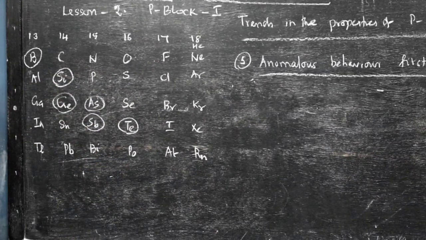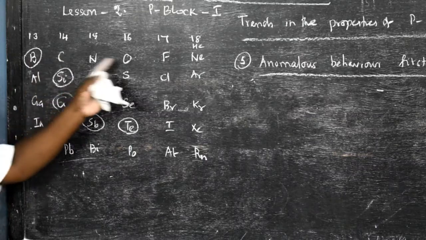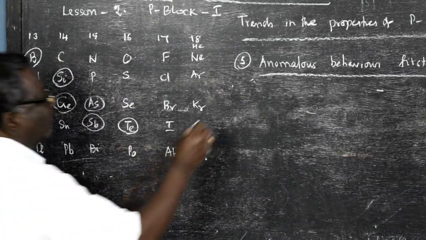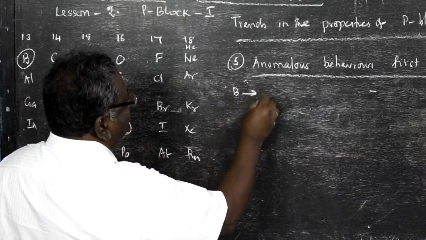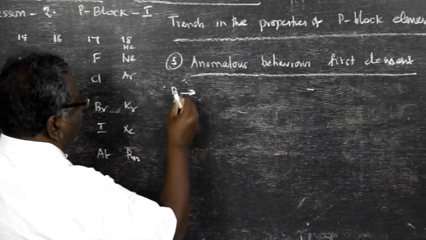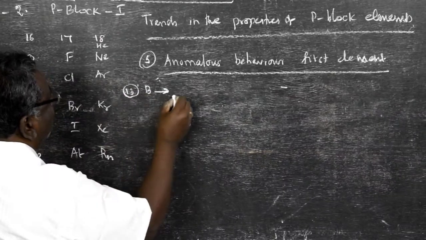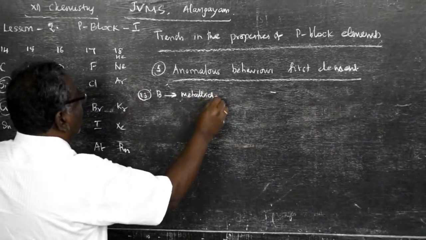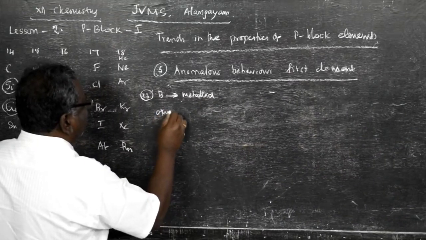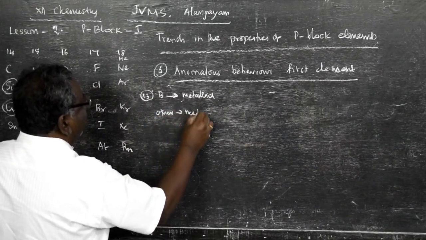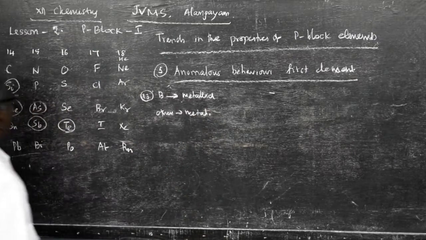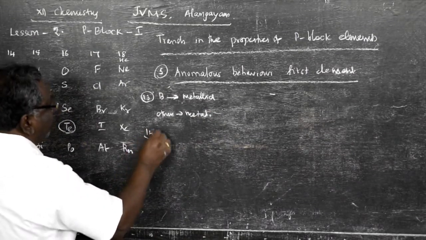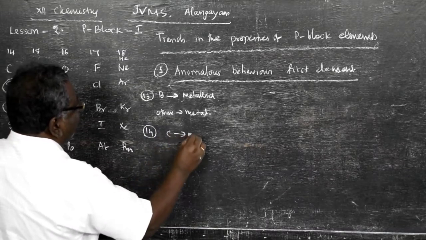They differ. The first element present in each group is found to be different. For example, boron in the 13th group is a metalloid; others are metals. In the 14th group, carbon is a non-metal.